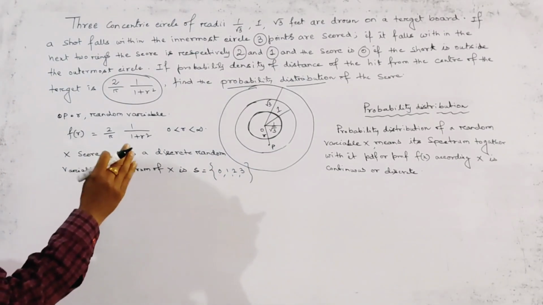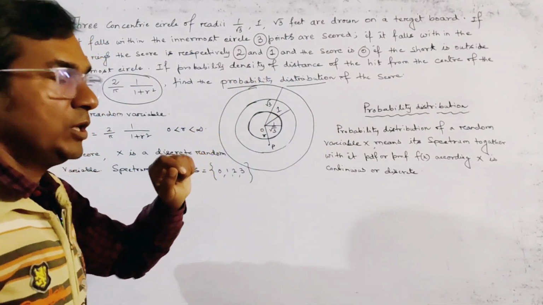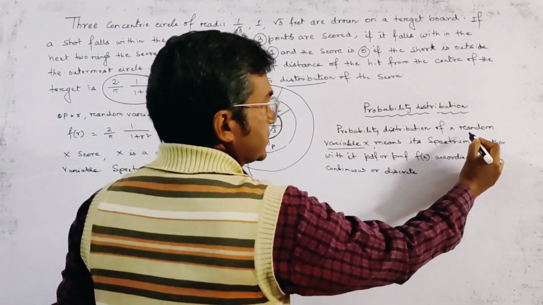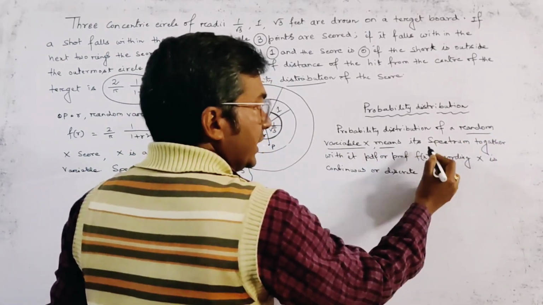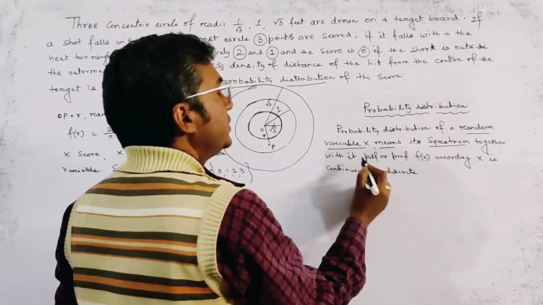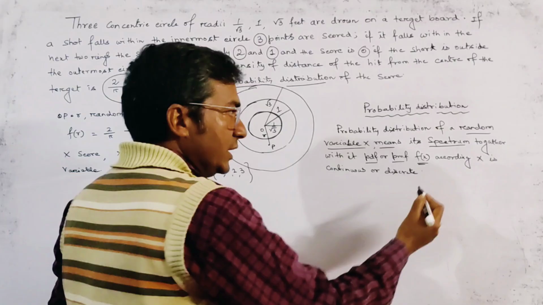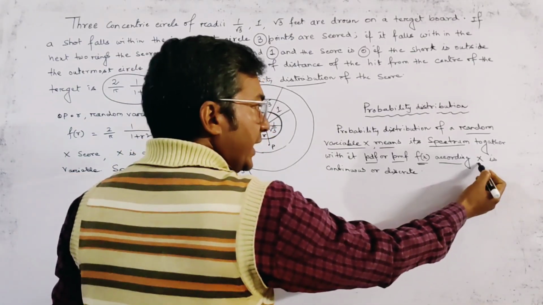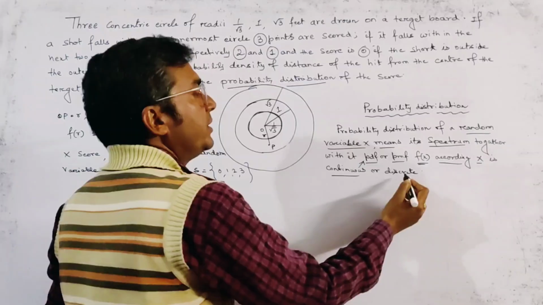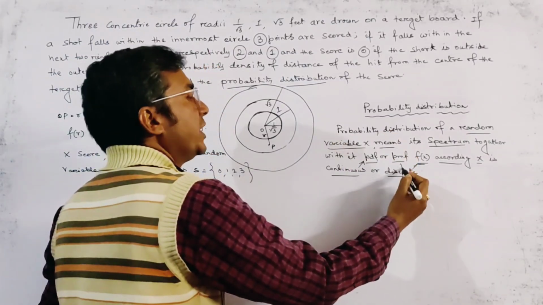Okay, now we see first, what do we mean by probability distribution? Probability distribution of a random variable capital X means we have to give its spectrum together with its PDF or PMF, which is fx obviously, according to whether X is continuous or discrete. If it is continuous, then we have to give the PDF, and if it is discrete, then we have to give its PMF.